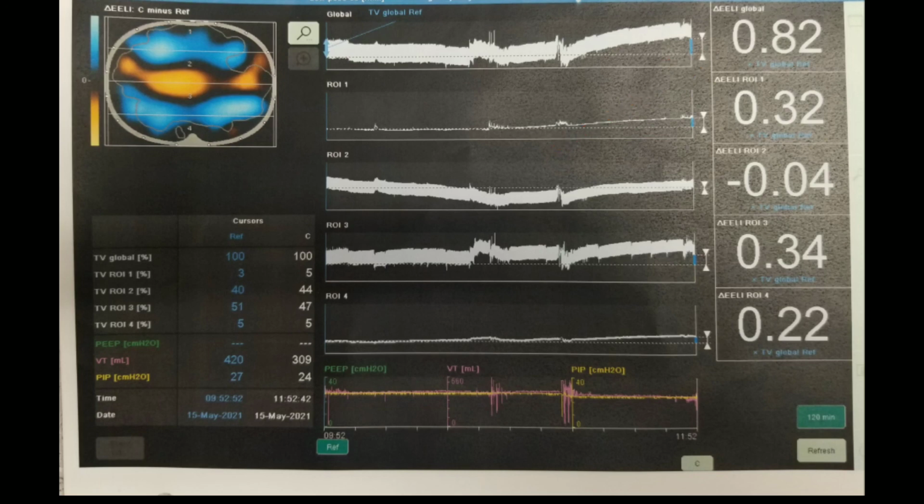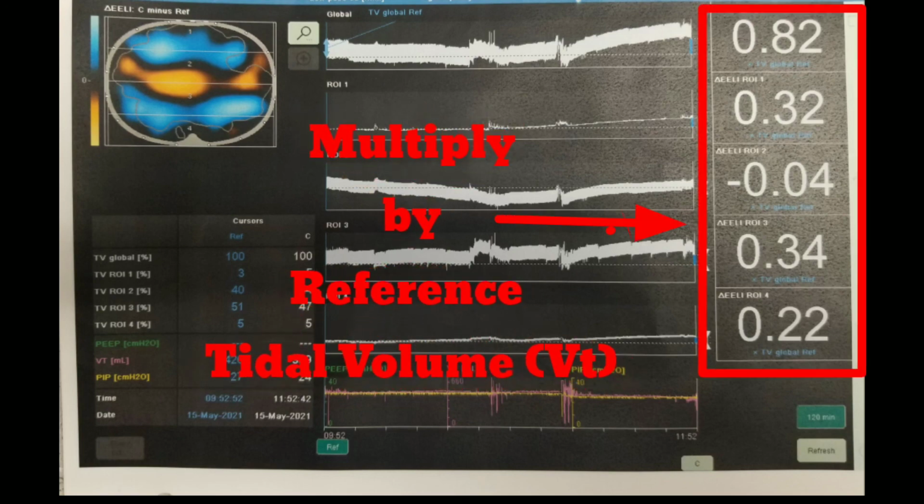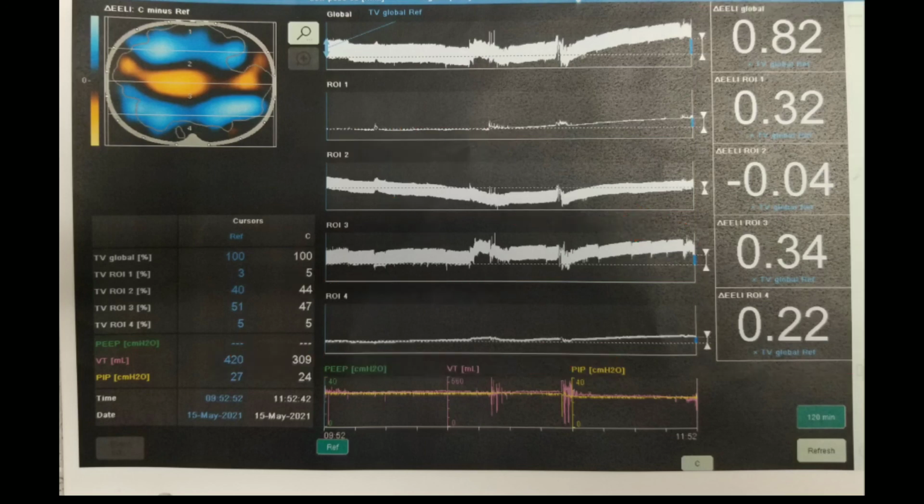If we do the multiplications of the impedance multiplied by the reference tidal volume of 420, we get a gain of 134 mLs in the ventral region, a loss of 17 mLs in the mid-ventral region, a gain of 143 mLs in the mid-dorsal, and another gain in the dorsal regions of 92 mLs.